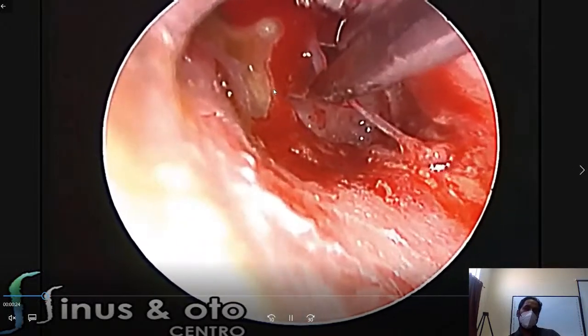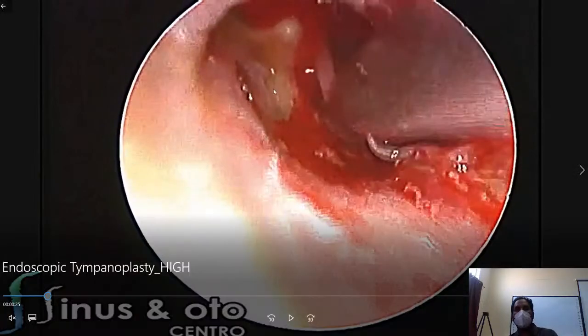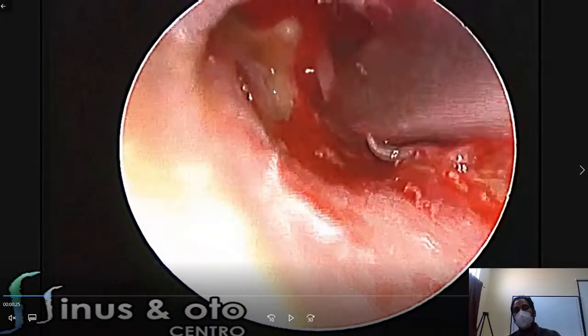Those fresh margins can grow again and cover over the material which acts as a scaffold just behind your tympanic membrane. The graft material should be placed behind this perforated tympanic membrane, and it is used as a scaffolding material for the tympanic membrane squamous epithelium to grow again.